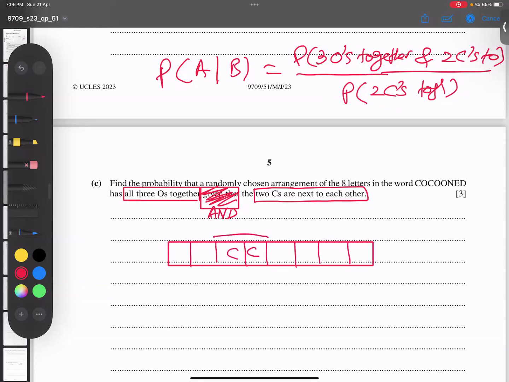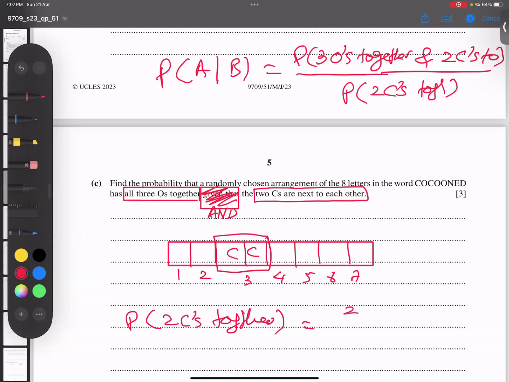If two C's are together, I make a block. What is the possibility? 1, 2, 3, 4, 5, 6, 7. So 7P7 when two C's are together.